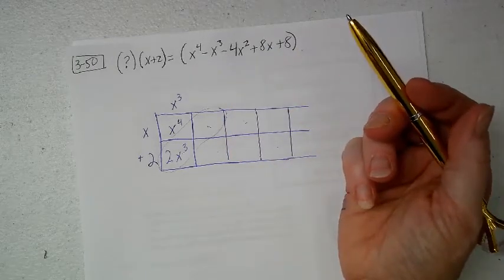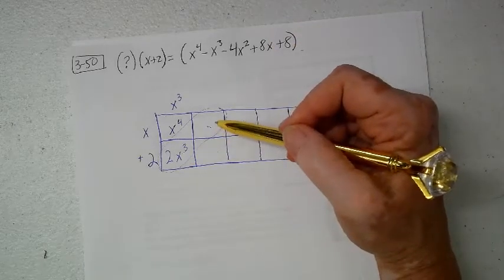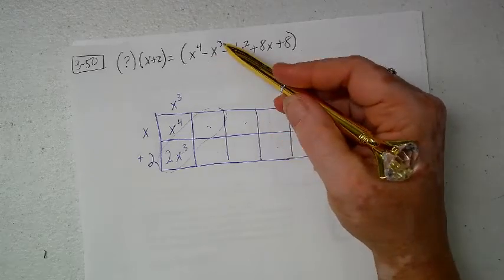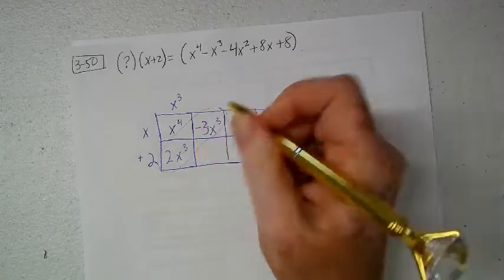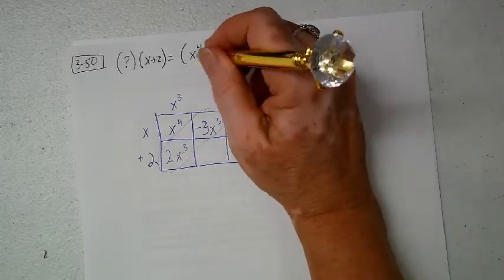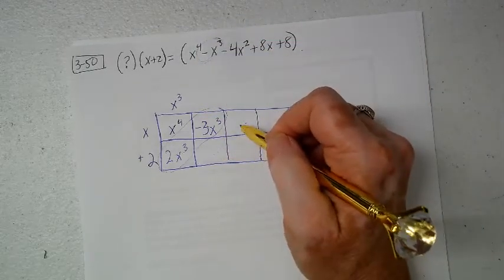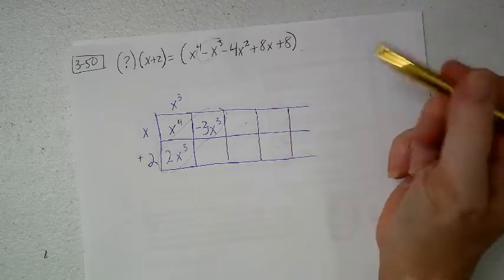So 2 plus something else is going to add up to negative x cubed. This is going to be negative 3x cubed, because these two have to combine to make this term right here. We'll keep talking about that as we go along.